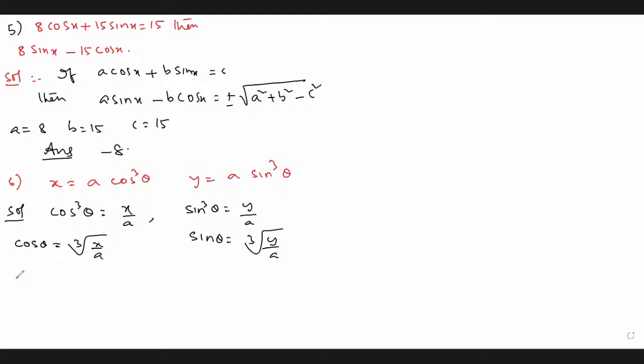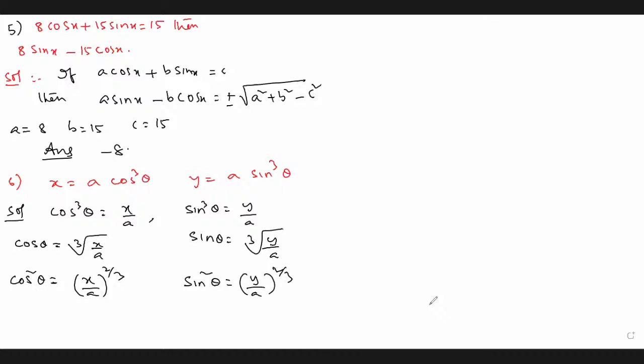Now squaring on both sides, cos square theta is equal to x by a to the power of 2 by 3, and sin square theta is equal to y by a to the power of 2 by 3.